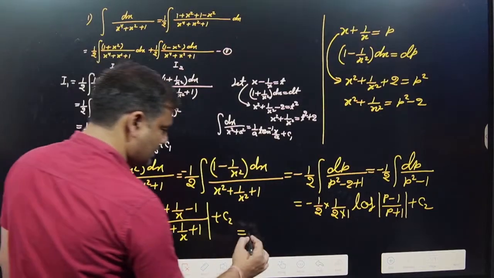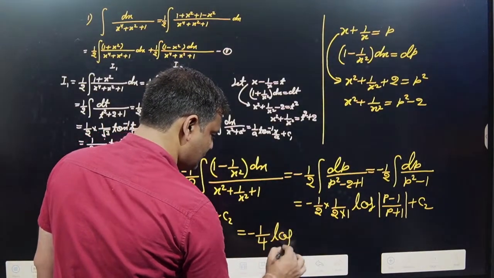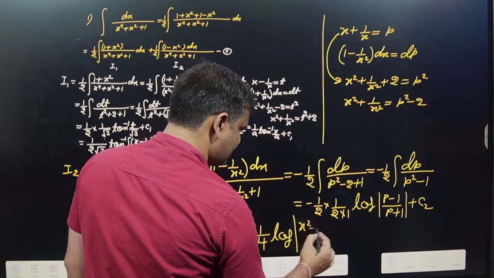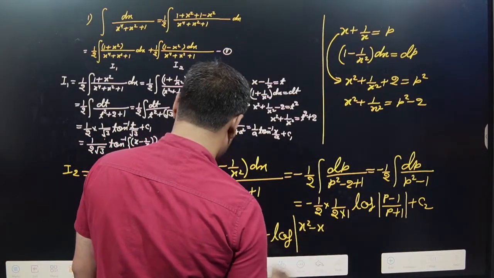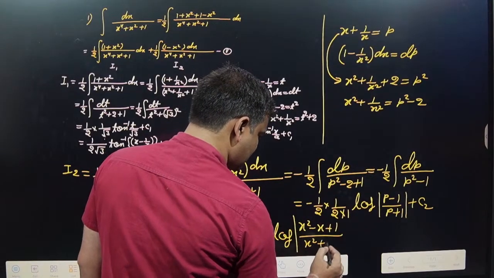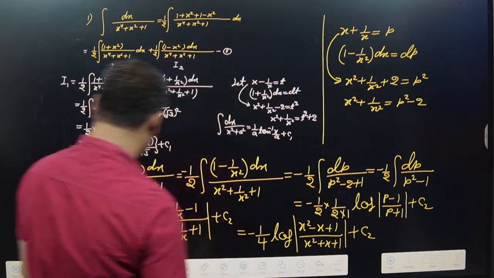Look here, minus 1 upon 4 into log of this one, (x square minus x plus 1) upon (x square plus x plus 1) plus C2.